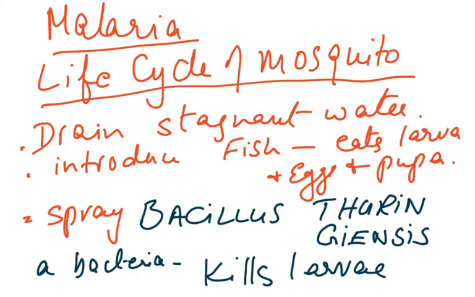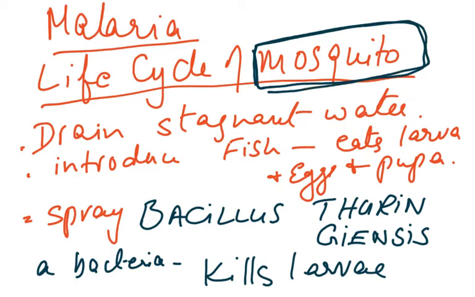Now, if we can recap from the previous video, malaria was caused by Plasmodium, but the insect vector was the female Anopheles mosquito. If we have to control malaria, then we have to control the population of mosquitoes in a certain area if malaria is very common in that part of the world.